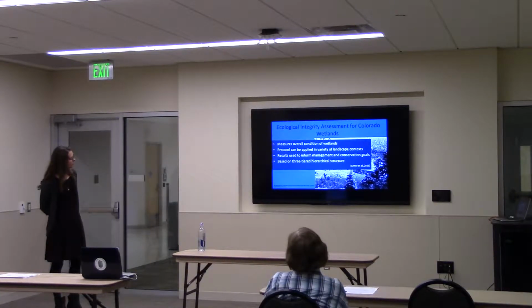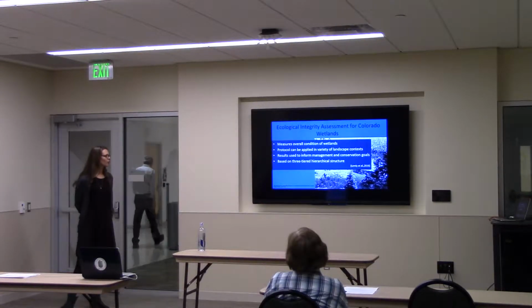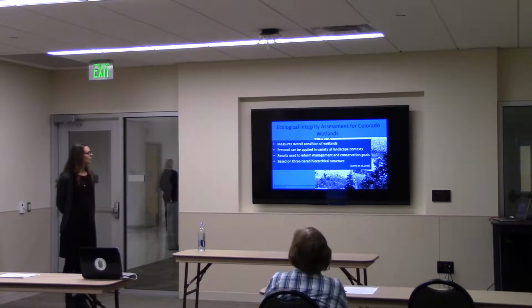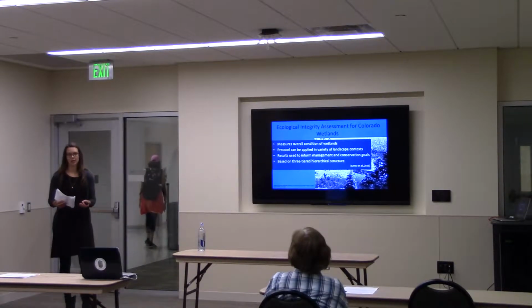And then we have the Ecological Integrity Assessment for Colorado Wetlands. This was developed by the Colorado Natural Heritage Program. And basically, this is a multi-metric approach aiming to measure overall condition of wetlands.